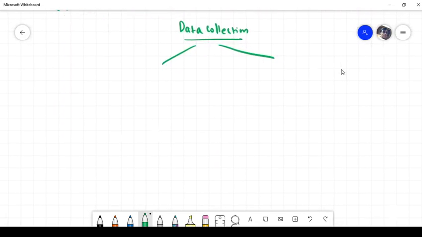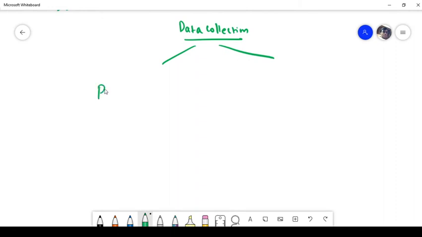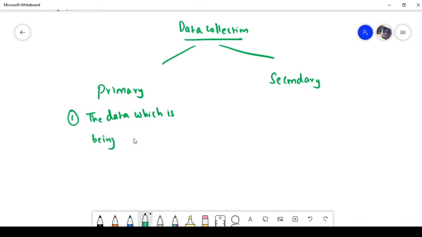One is primary data collection and another one is secondary data collection. What do we mean by primary data collection? Primary data collection is the data which is being collected by the researcher himself.